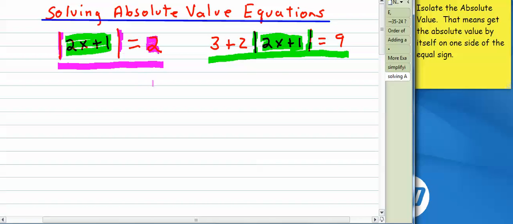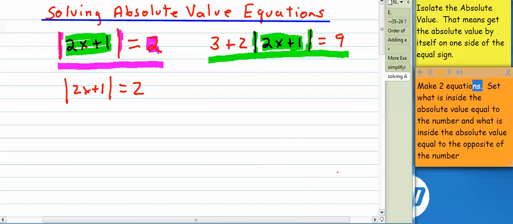I don't have to do anything. Once our absolute value is isolated, let me rewrite the problem. Absolute value of 2x plus 1 equals 2. Once the absolute value is isolated, then we make two equations.